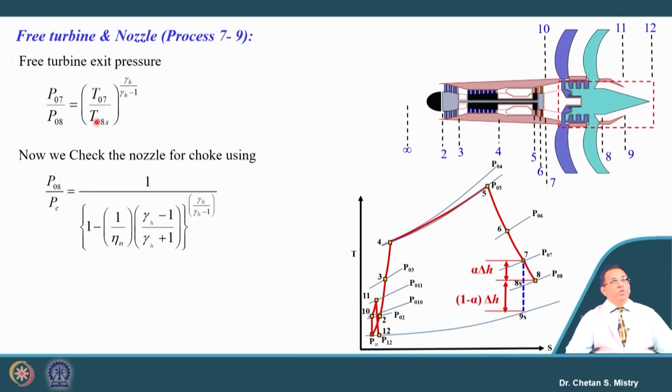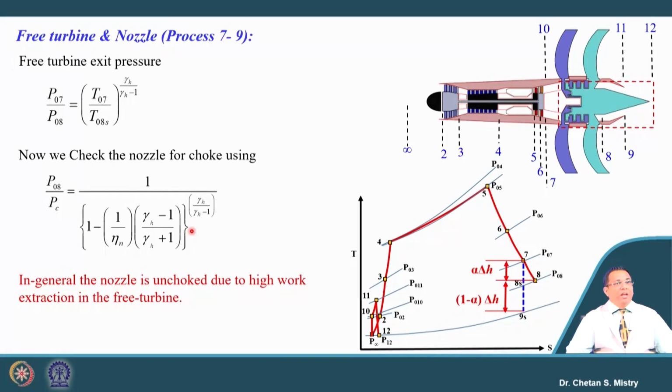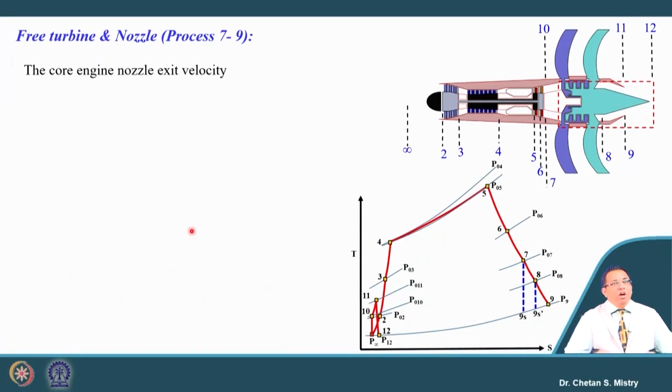Now, we need to check the next component. The next component is 8 to 9, which represents our nozzle, and for that nozzle we need to first calculate whether it is in a choked or unchoked configuration, and for that we will calculate our critical pressure ratio. Based on that critical pressure ratio, we can calculate the outlet pressure.